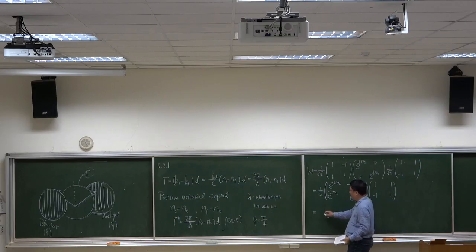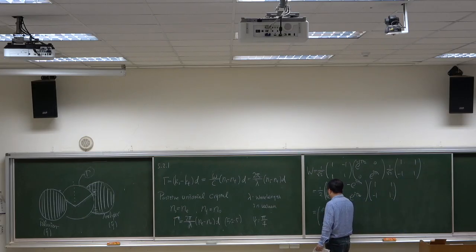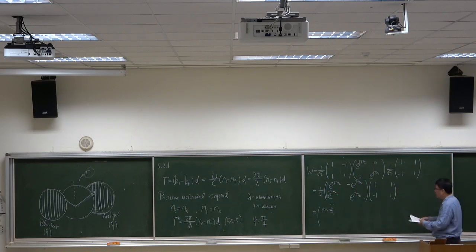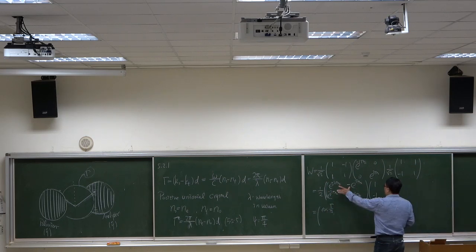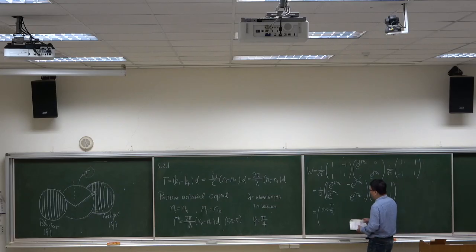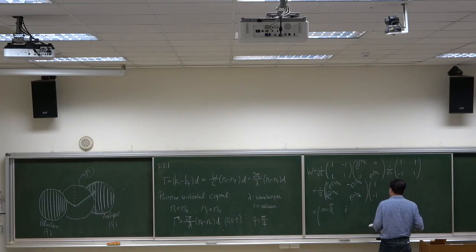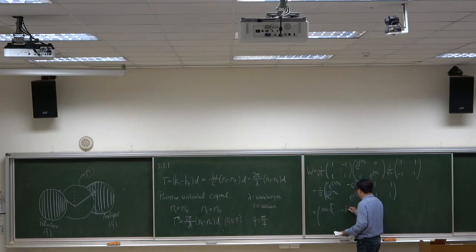Plus sign, 1/2 is just equal to cosine. Okay. And minus sign times 1/2, this is I, minus I sine half gamma.